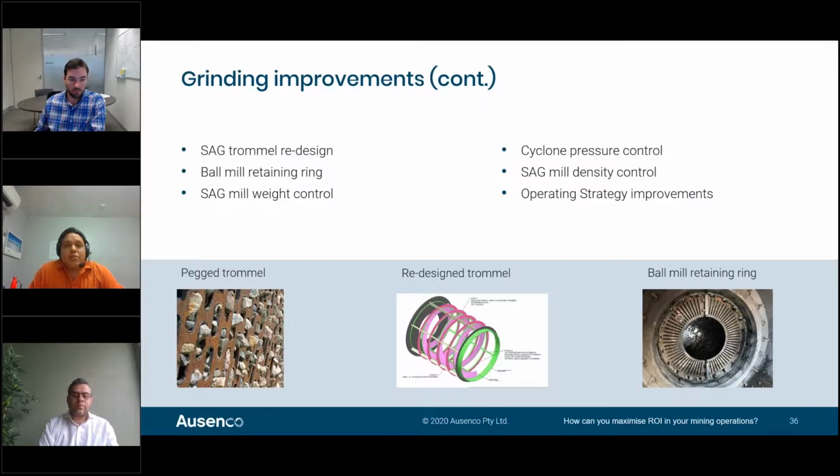And overall, the control and mill stability initiatives, as well as operating strategy improvements with respect to media addition, mill weight, and cyclone feed pressure targets. You can go to the next slide, please.